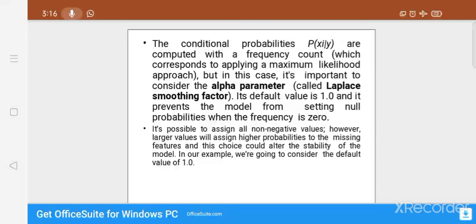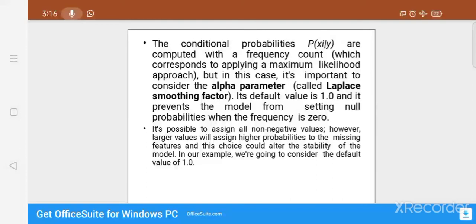But we know that if certain data is present in the testing data set but not present in the training data set, it will give the value as 0, right, which cannot be considered, and which can be handled using the smoothing parameter. So that is the Laplace smoothing factor.